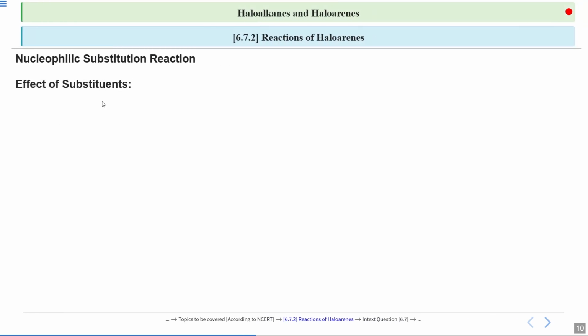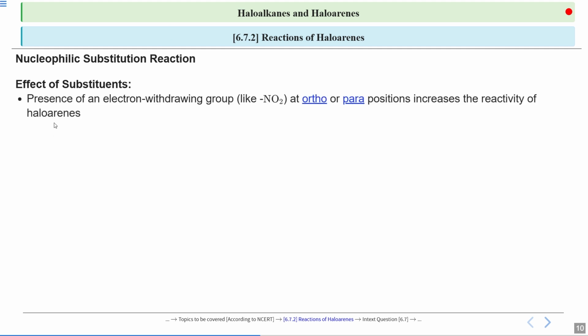Effect of substituents. Now, if your benzene ring has any substituents, then what will be the effect on the reactivity of nucleophilic substitution reaction shown by the haloarenes? Presence of an electron withdrawing group like NO2. You can also call an electron withdrawing group EWG for the shorter form.